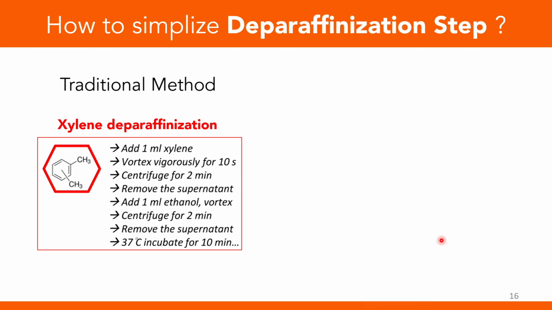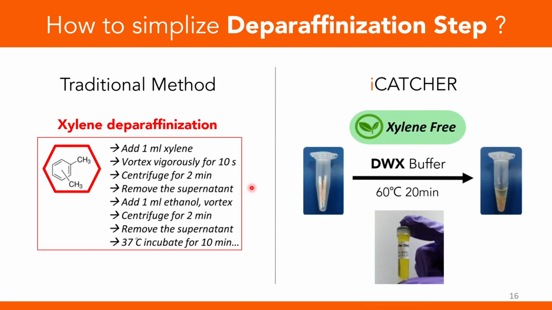About the first challenge, how to simplify the deparaffinization step. Traditionally, as we mentioned, we use xylene and it's very complicated. For iCatcher, we developed a special reagent. We call it DWX, a dewaxing buffer. It's yellow in color like this. So we can simplify the very complicated step into one step.